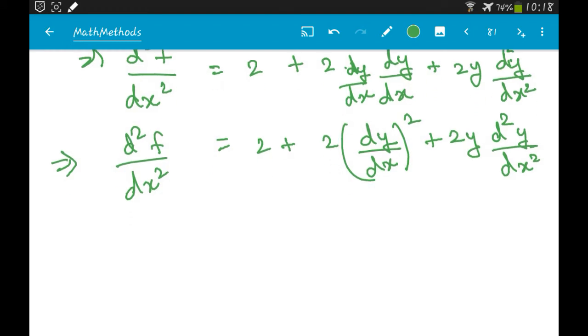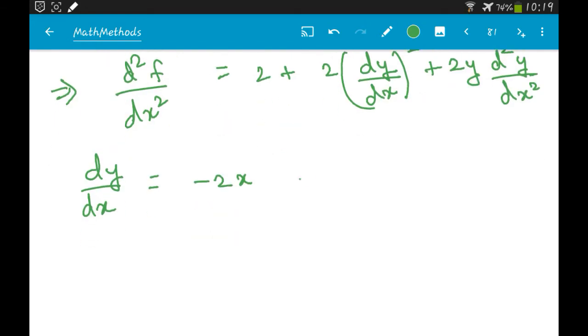Now we already know what dy by dx is, right? What is dy by dx? It is minus 2x. So d square y by dx square is going to be minus 2. Alright, so we can now substitute all of this into our equations.